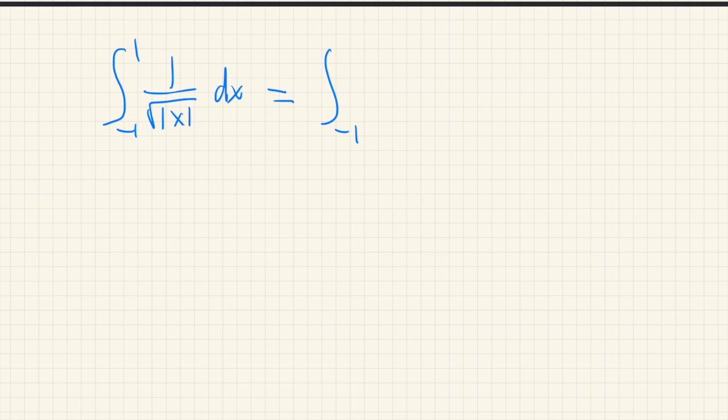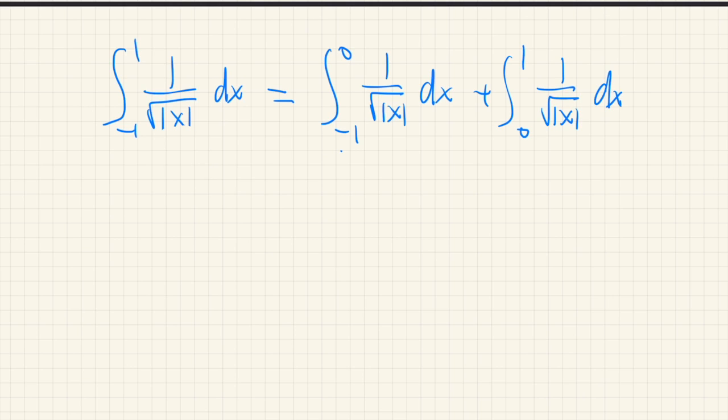That is from -1 to 0 and 0 to 1. Both of these integrals are improper integrals because it's undefined at x equal to 0. So let's calculate each of these integrals.